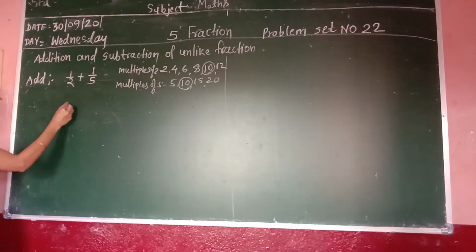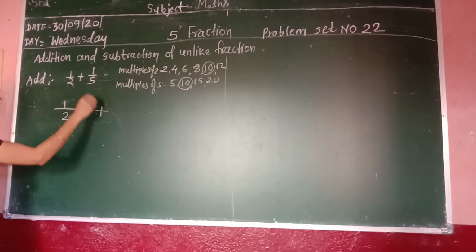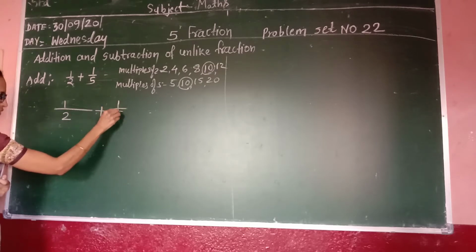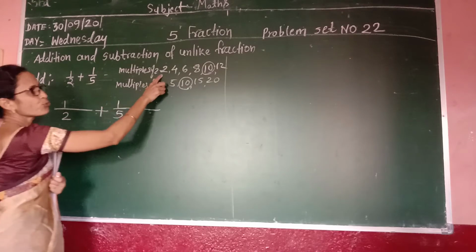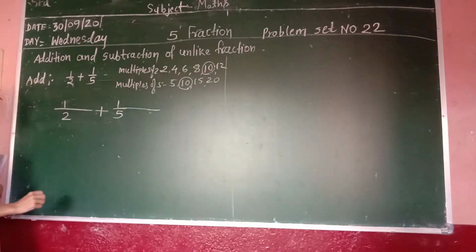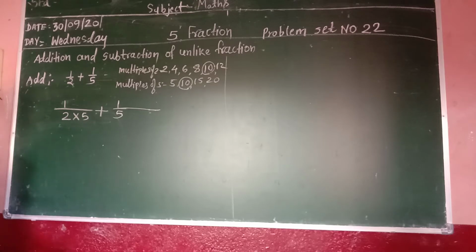That means we write the fraction as it is: 1 upon 2 plus 1 upon 5. Look carefully. Here 2 5s are 10. When you multiply the denominator by 5, multiply the numerator also by 5.